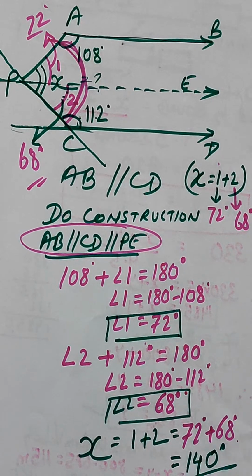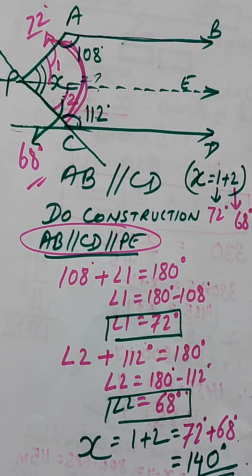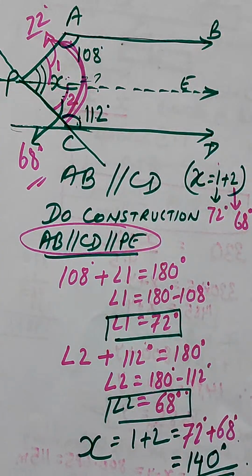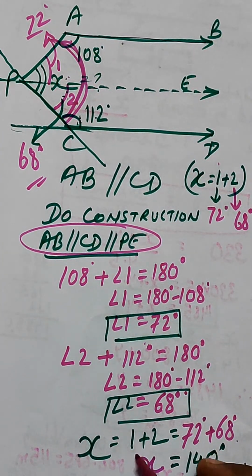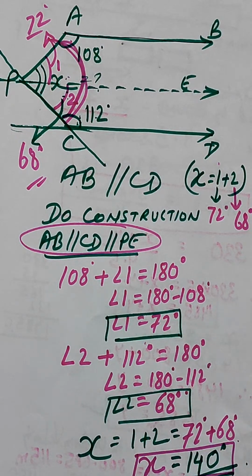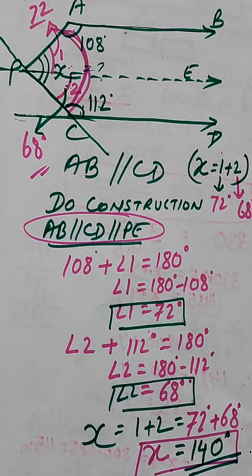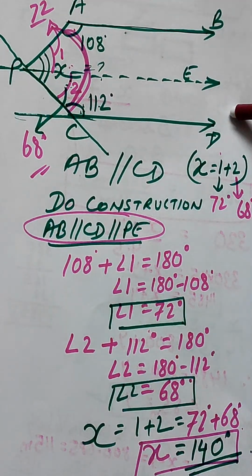So 140 degrees is the answer which you have derived for this X. So X equals 140 degrees is our answer. I think it's visible, right? So in this question, I have explained how to solve such questions of lines and angles.